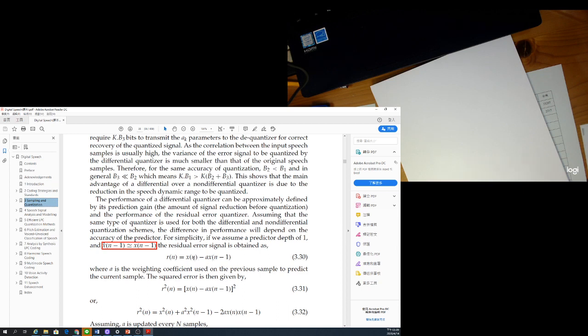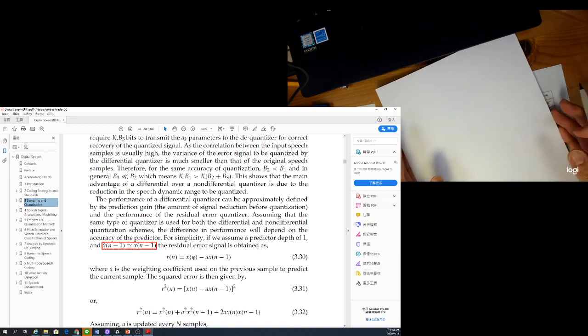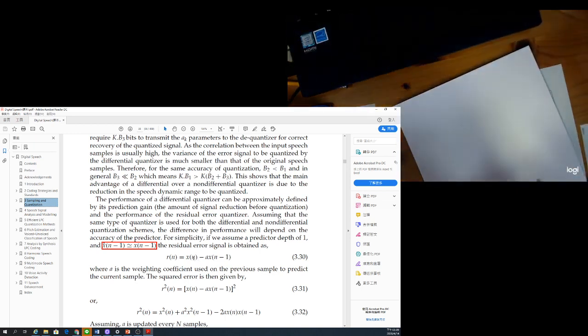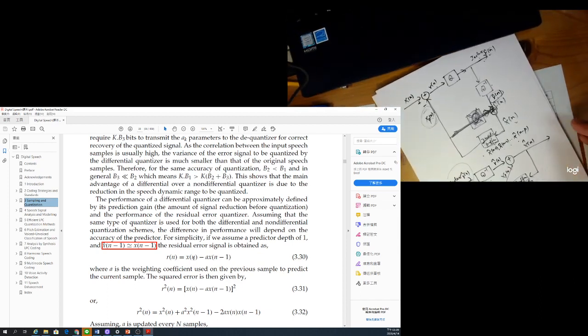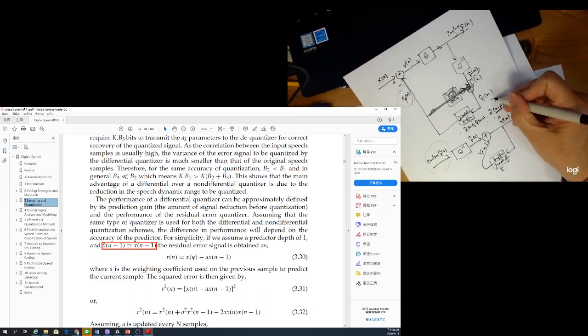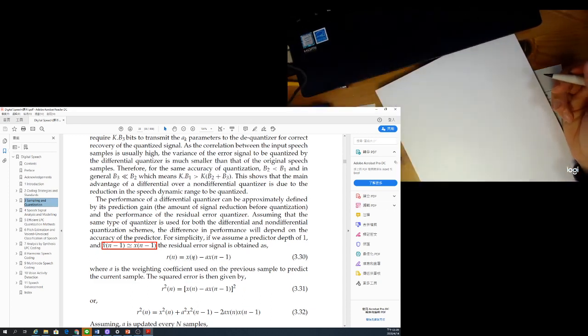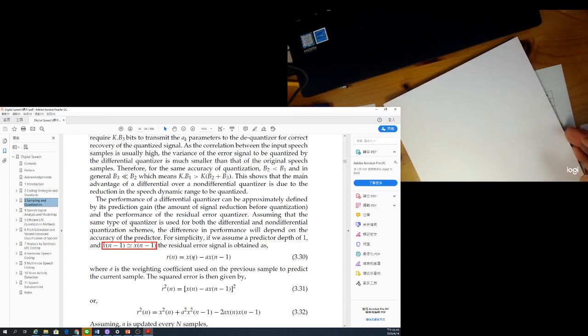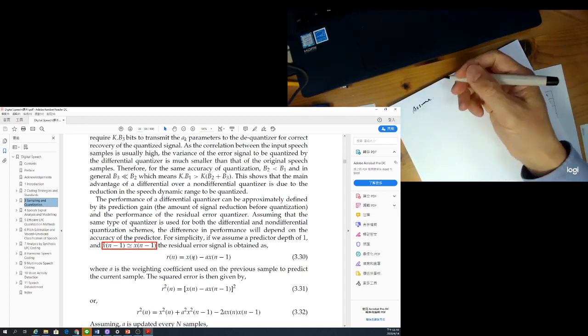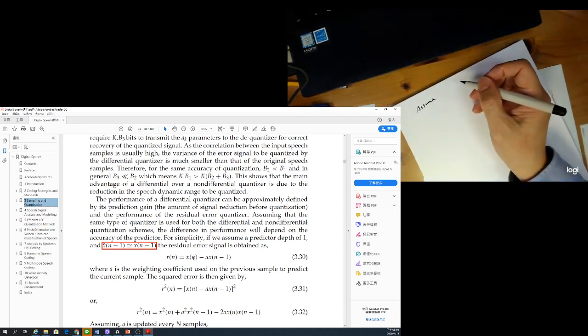Suppose we consider previous P components. Right now P equals 1, we only consider the previous one to do the prediction. And also we try to make our mathematical equation simple.